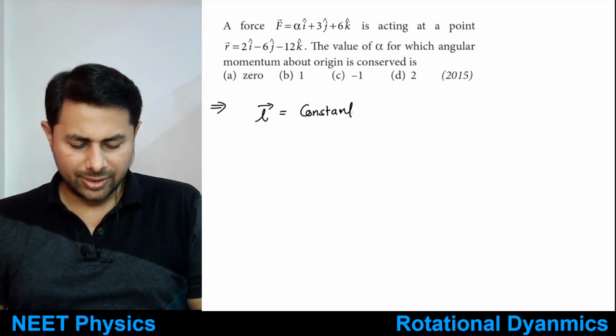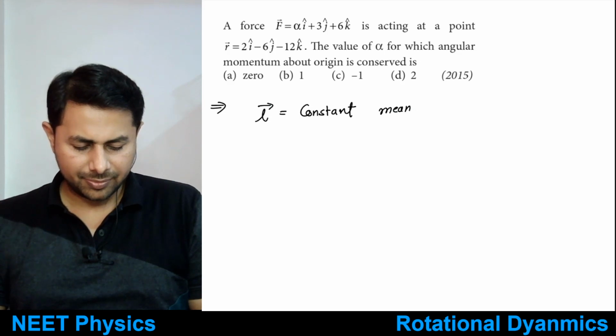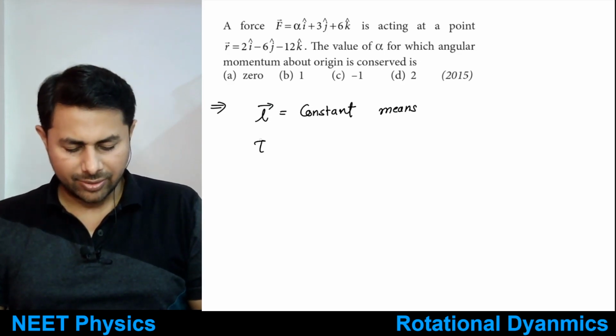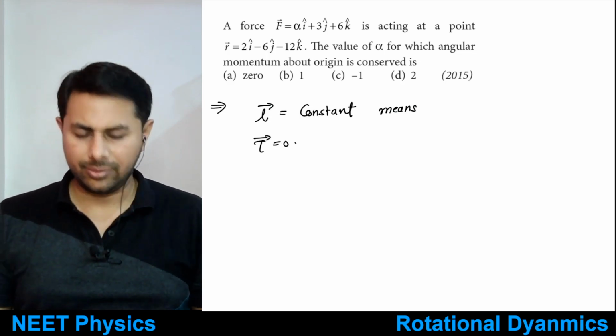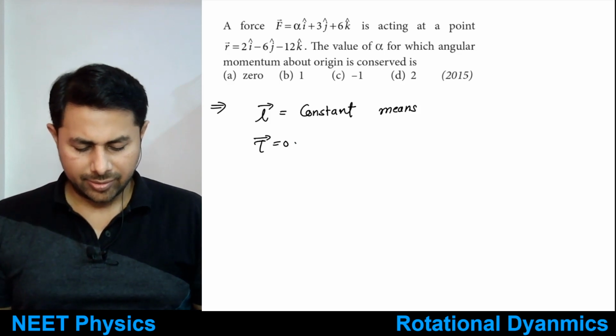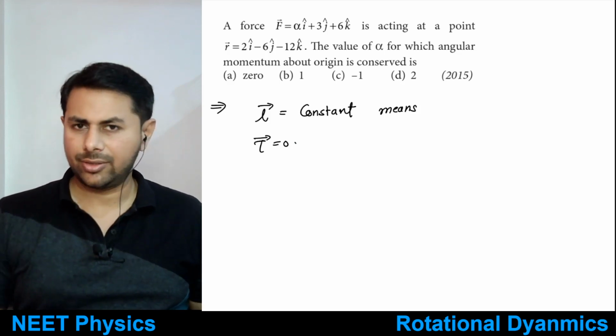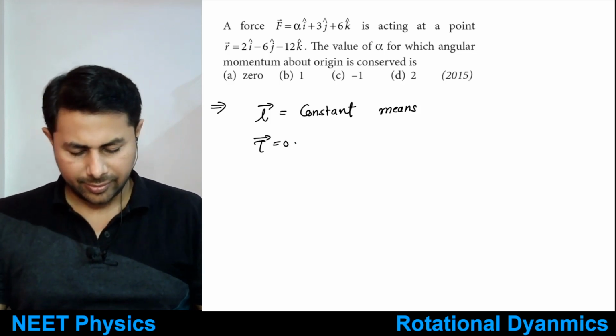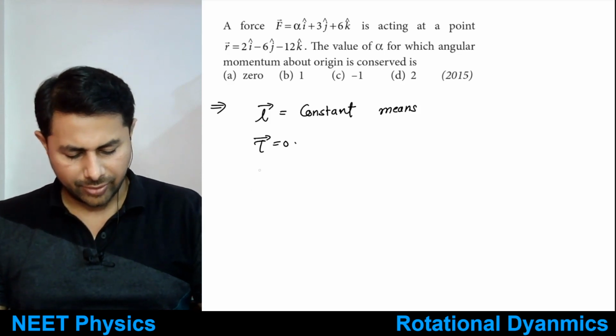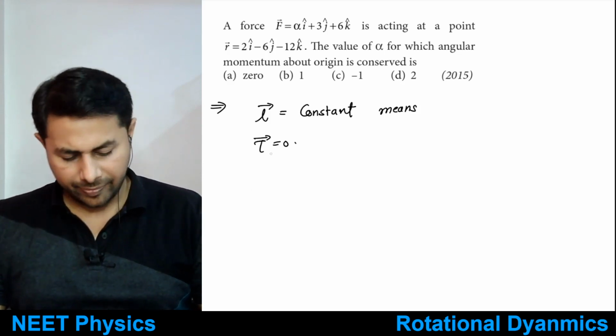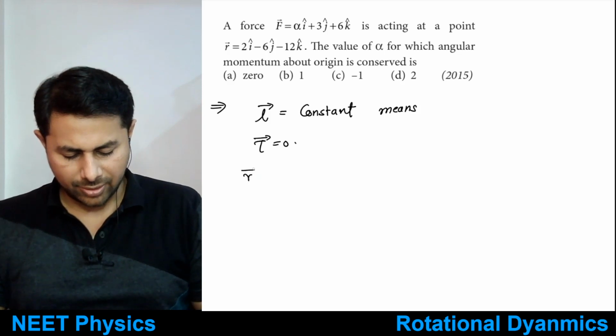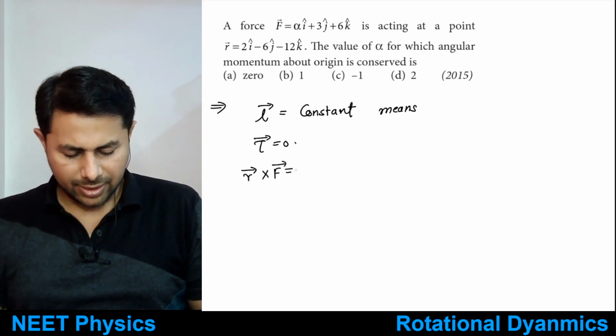L is constant, which means torque acting is equal to 0. Then just find the torque and equate it to 0. So what is torque? R bar cross F bar is equal to 0.